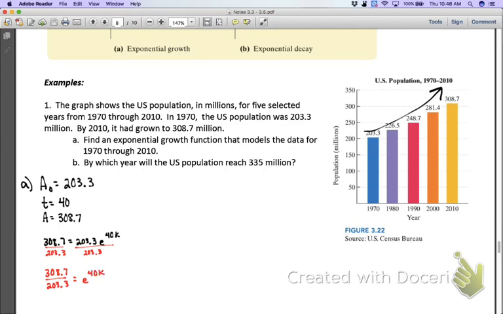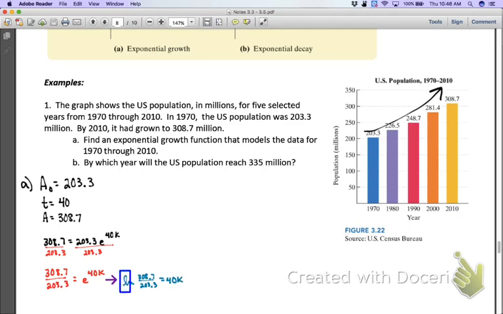Now, since it's e, I'm going to have to use the natural log. So I'm going to take the natural log of 308.7 divided by 203.3 and set it equal to 40k.